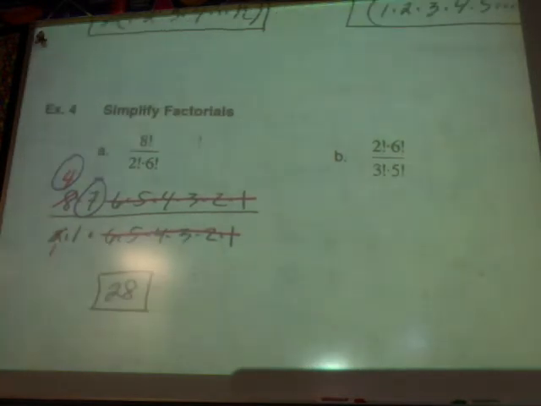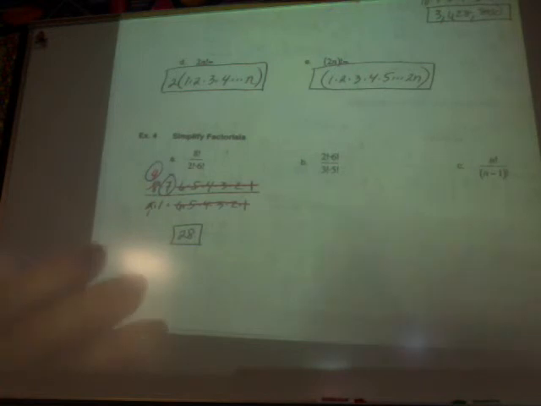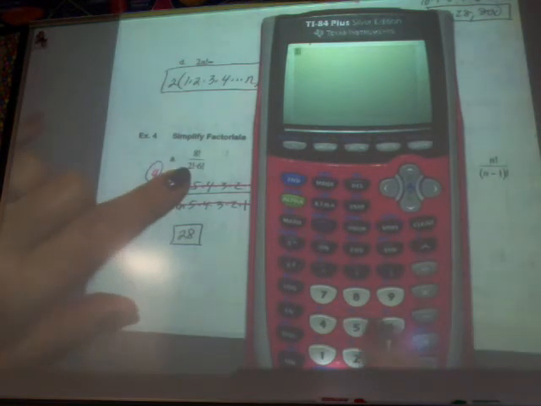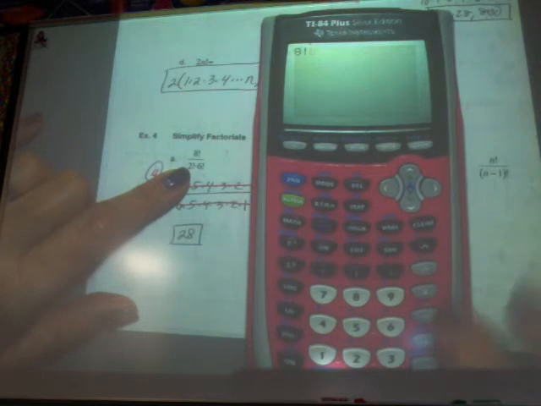You can also do it on your calculator. There might be times when I tell you to show your work by hand, or that you could do it in the calculator. So if we did it in the calculator, I'm going to take 8 factorial, and I'm going to divide it. I'll use parentheses. If I don't use parentheses, it's only going to divide by the 2 factorial.